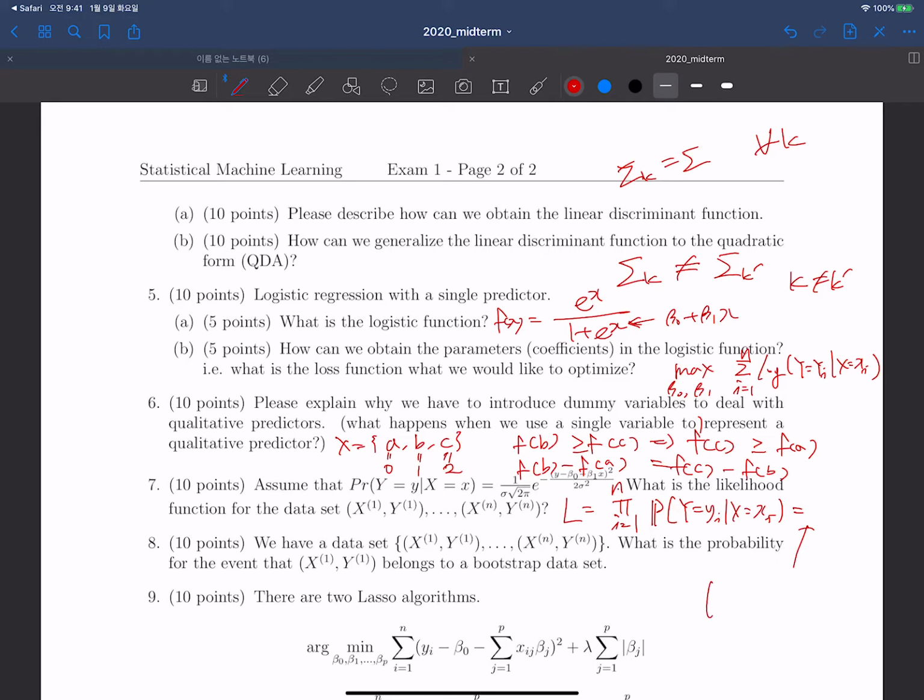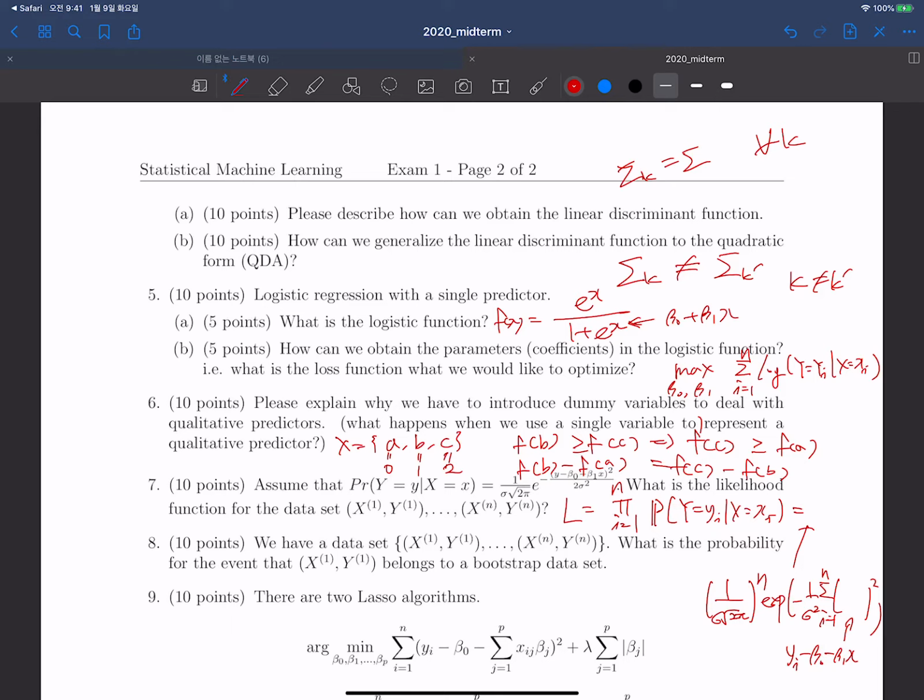This is 1 over sigma square root of 2 pi to the n, times exponential of minus 1 over sigma squared, summation i from 1 to n of (yi minus beta 0 minus beta 1 xi) squared. So it's 1 over sigma square root of 2 pi to the n, times exponential of minus 1 over sigma squared times the RSS value.